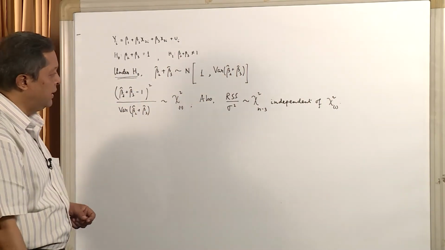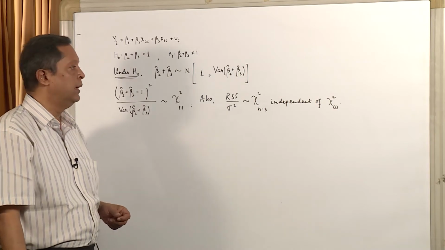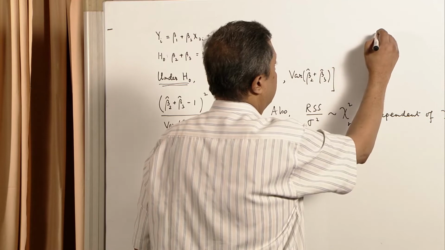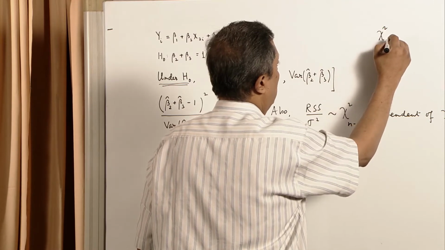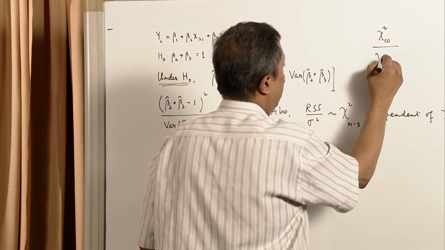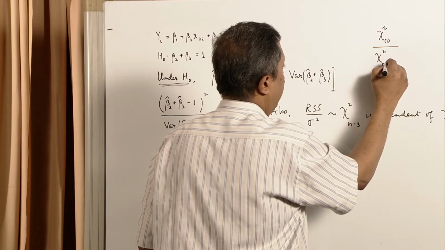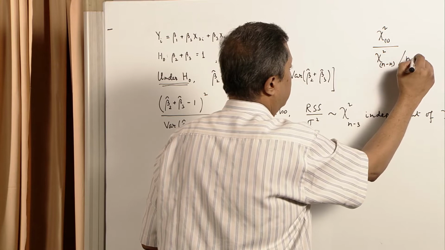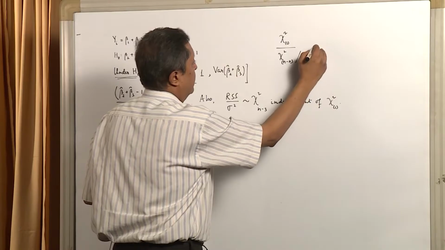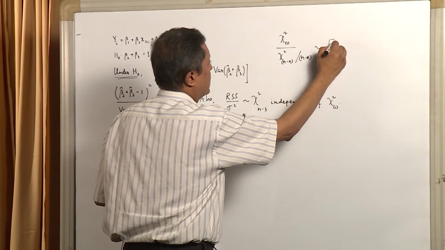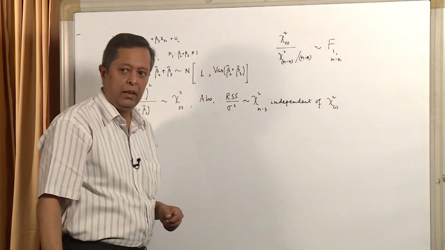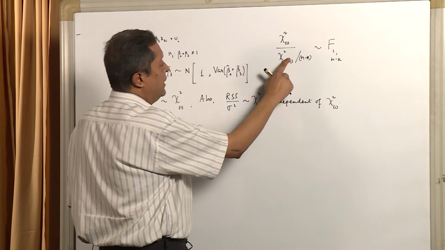So, as we have seen already in the previous module, drawing upon the important result that chi-square 1 divided by chi-square n minus k divided by n minus k will follow an F distribution with 1 and n minus k degrees of freedom. Here obviously the value of k is 3.